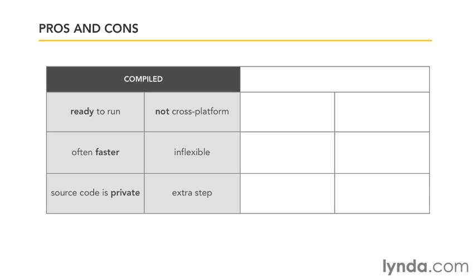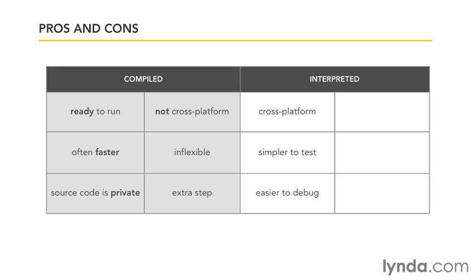Now, with interpreted code, the big benefits are I don't really care what kind of machine is on the other end, because we don't provide machine code. We just send the source code and we let the other side take care of it. So it can be more portable and more flexible across platforms. It's also a little easier when testing because you just write your source code and then run it, letting the interpreter take care of converting it. There is no in-between compile step.